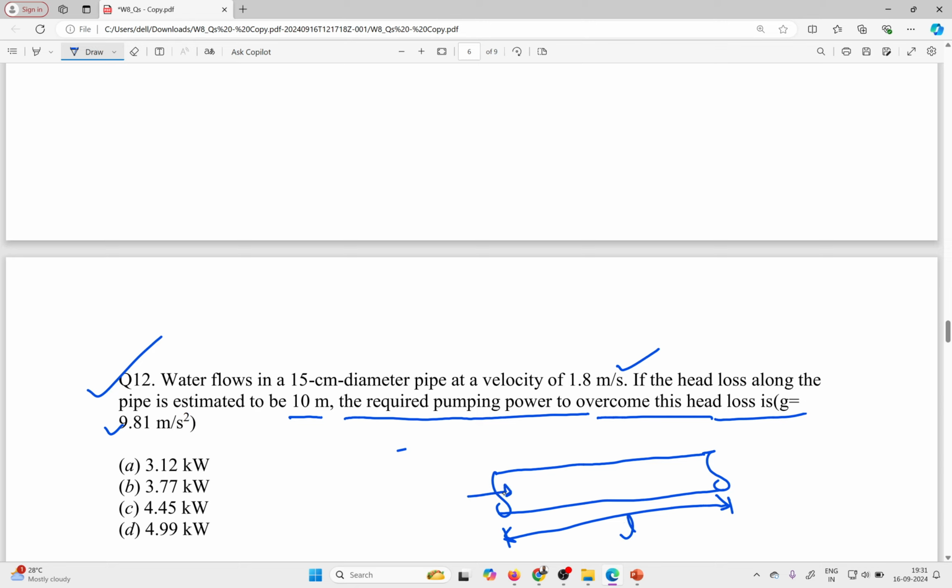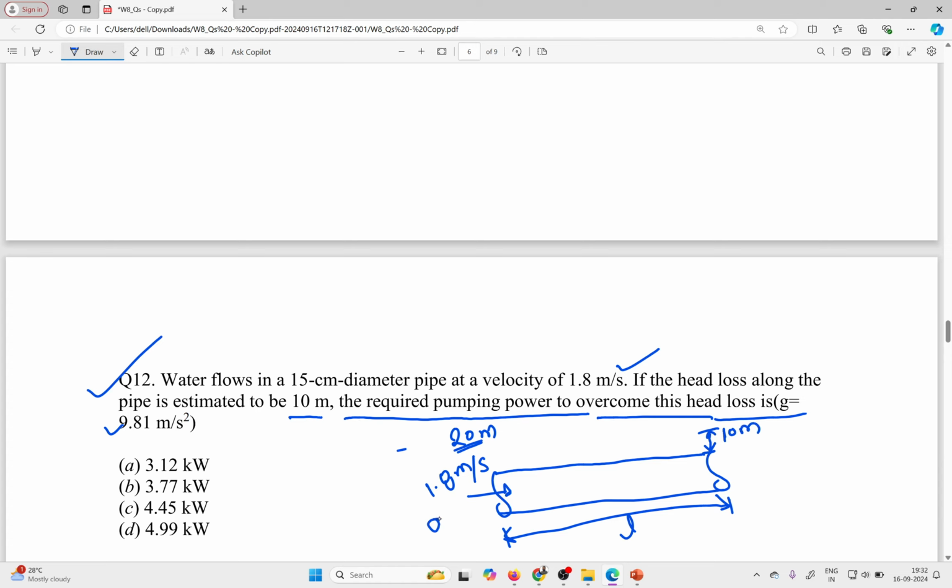Here your velocity is 1.8 meter per second, and the head, you can assume, is 20. After traveling L meter, your head loss is 10, so the remaining head is 10 meter.